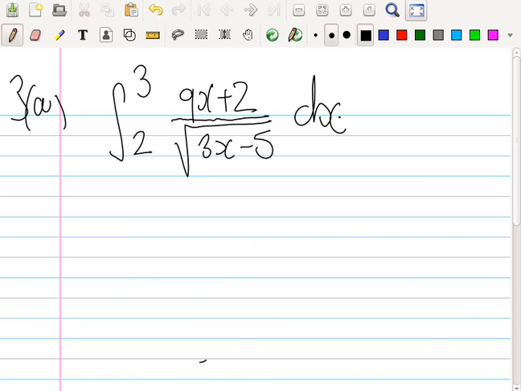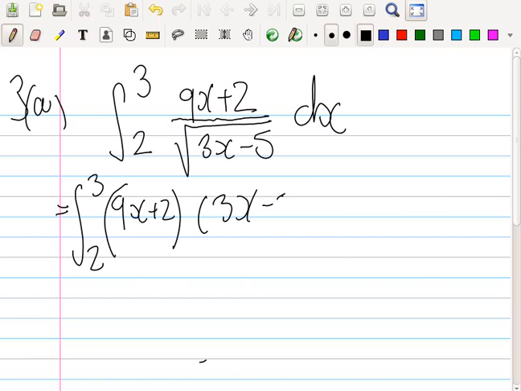So the first thing is, they want you to calculate this, and they say to use integration by parts. So what you do to begin with is change this into 9x plus 2, and I would change this into (3x minus 5) to the power of negative half.